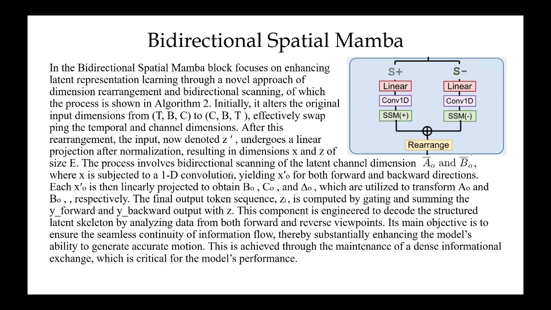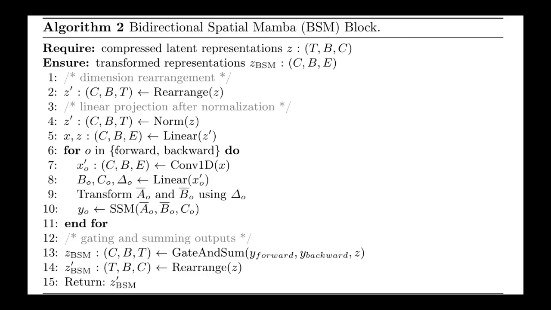The process involves bidirectional scanning of the latent channel dimension with A naught bar and B naught bar, where x is subjected to a 1D convolution yielding x dash o for both forward and backward directions. Like its name suggests, bidirectional, we'll go forward and backward, from pixel 1 to pixel n, then pixel n to pixel 1, so that we don't model it just based on the starting pixel 1, but also from the ending to the beginning.